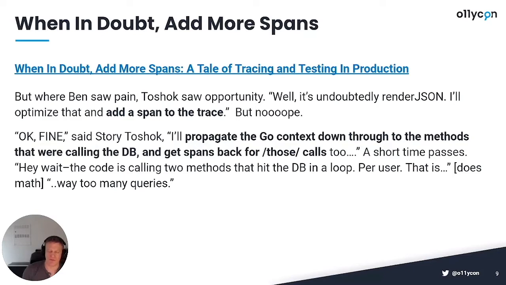They start off with something that is not quite fine-grained enough for them and add more detail. And then they add a span to the trace. Then they look again, they do another compilation, they do another deploy. They see that they need more spans for that. And then they keep going.